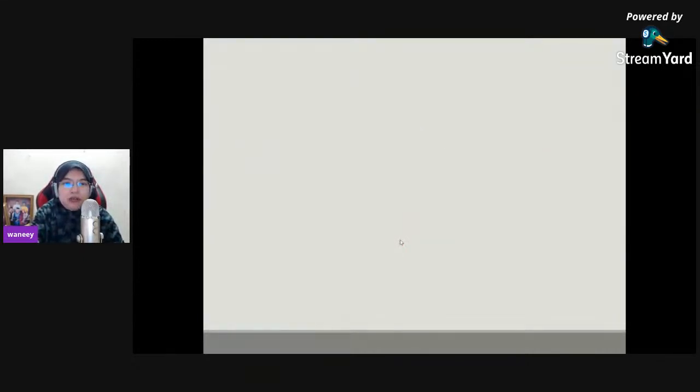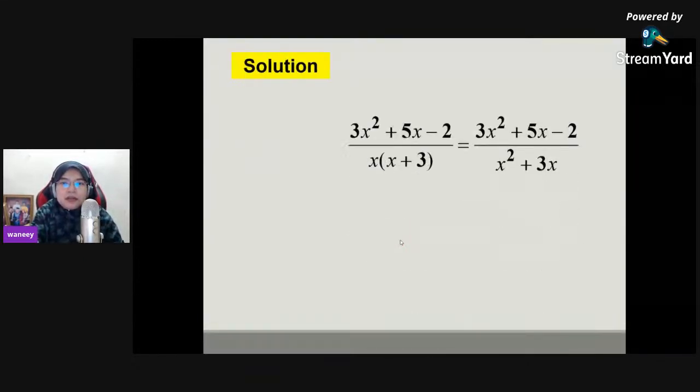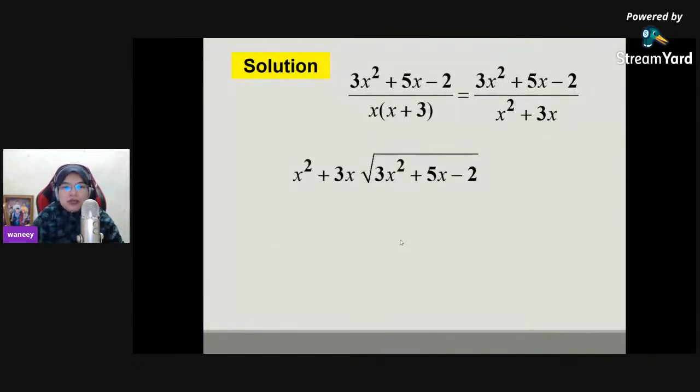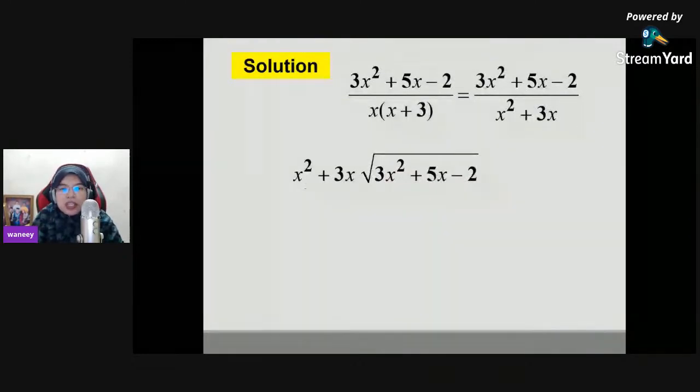So do the long division for this. Divide them very carefully. So we got x squared plus 3x over here, and 3x squared plus 5x minus 2. So x squared times with what in order to get 3x squared? So obviously x squared will be times with 3.